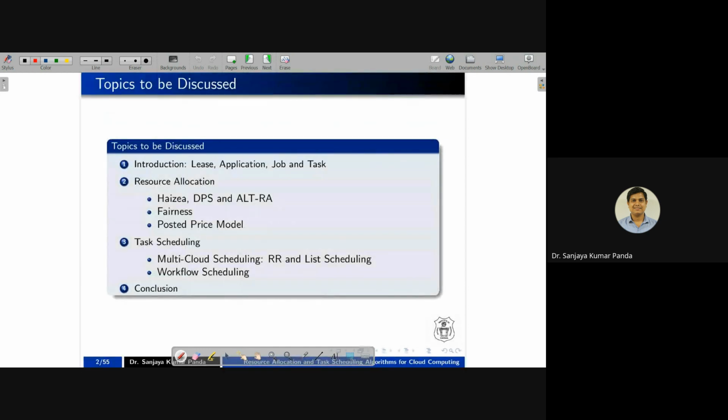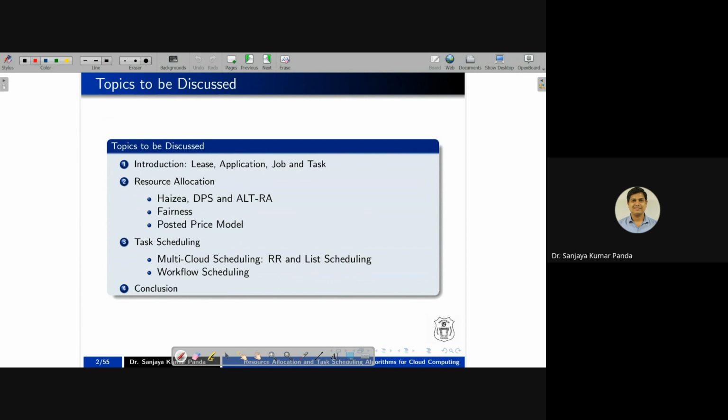Apart from that, we'll see some of the topics which I have mentioned here. Although we use the terms task, application, job, and lease alternatively, there are differences between them. They have specific meanings, but if you look into the dictionary meaning, more or less they are the same.